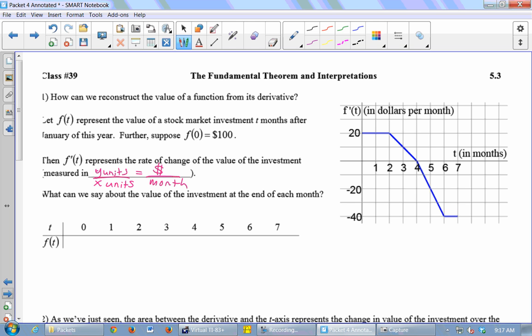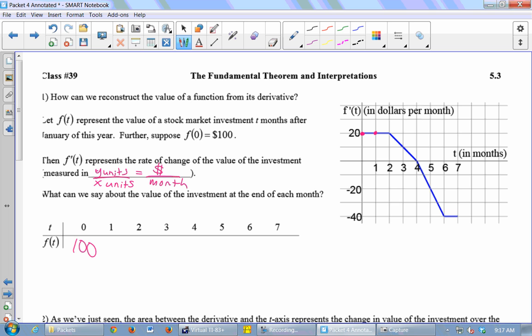All right, what can we say about the value of the investment at the end of the month? Well, I know f of 0 was 100, right? So there's my starting point. And then in month 1, what's my rate of change? $20 per month. So I started at $100.